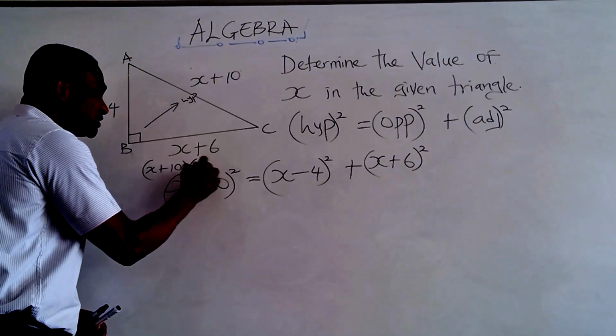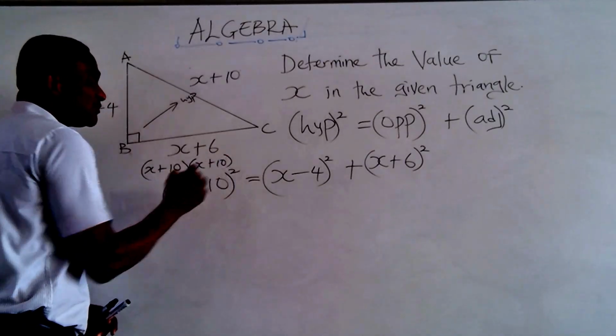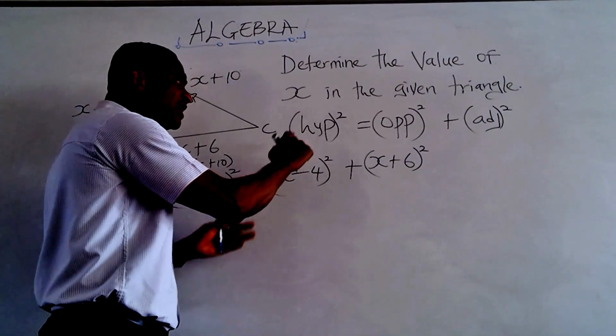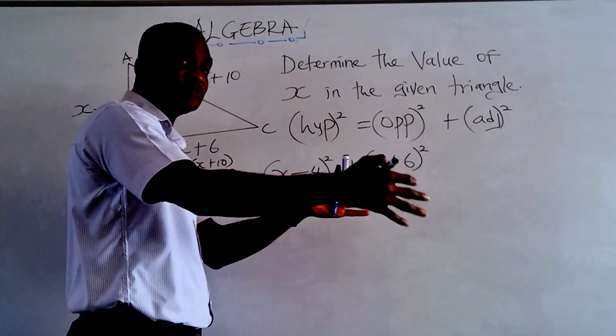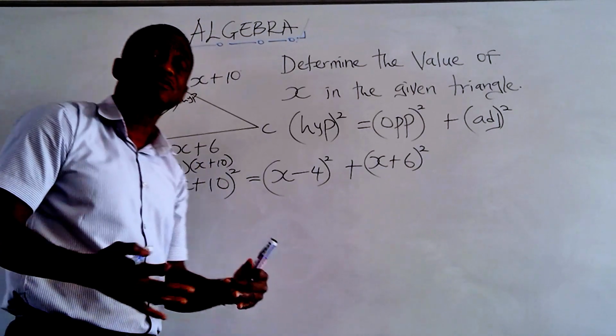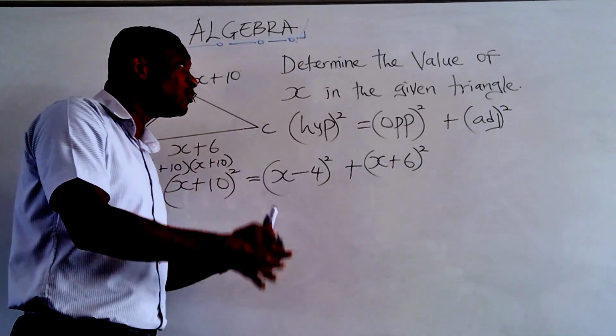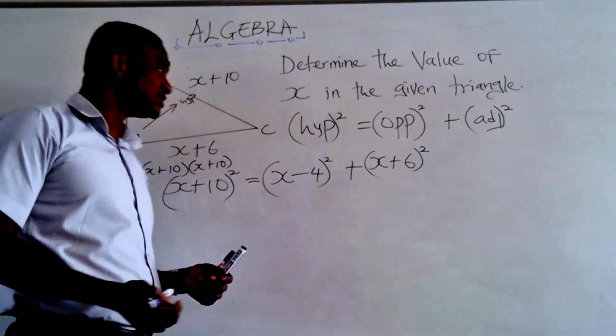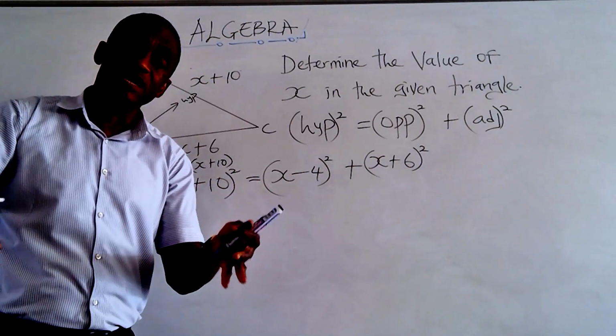So this is (x + 10)(x + 10), (x - 4)(x - 4), and (x + 6)(x + 6), because they are asking us to break down whatever the content of the bracket is. Break it down as multiplied by itself.